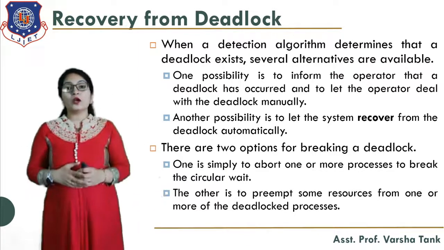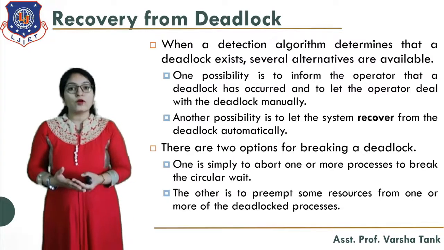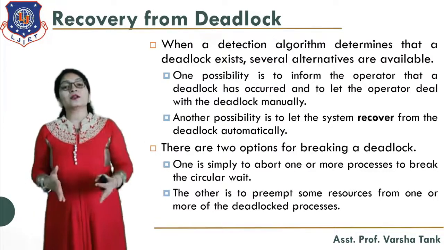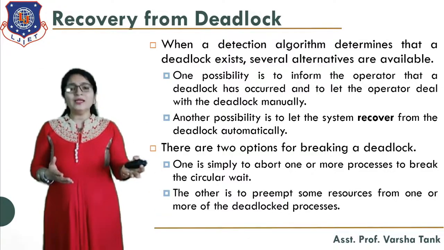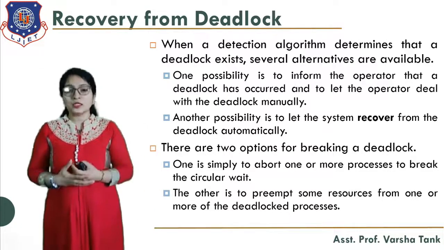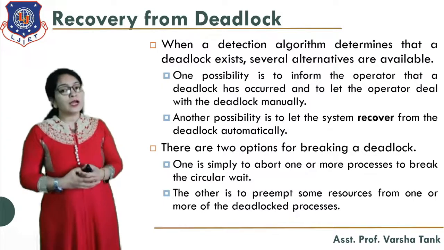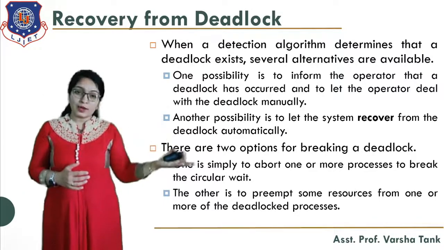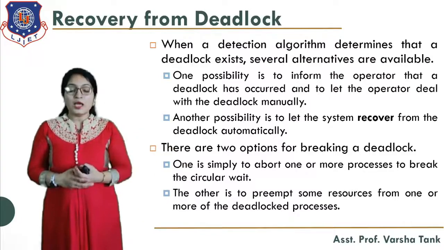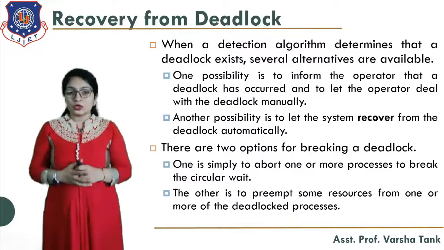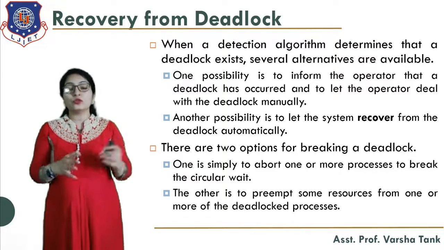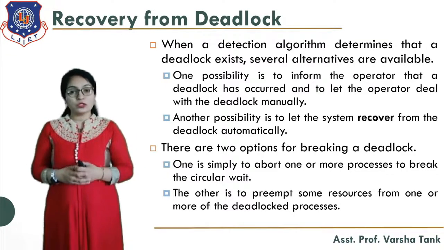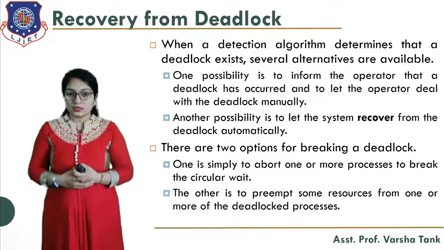Another possibility is to preempt some resources from one or more of the deadlocked processes and assign those resources to another process that needs them, so that process will complete its execution and release all the resources it held and the newly assigned resources. Then we can assign those resources to the other processes and fulfill the need of each and every process, so there is no deadlock in the system.